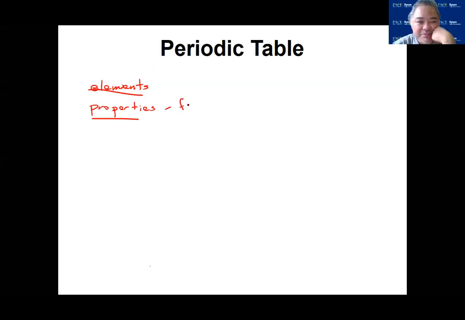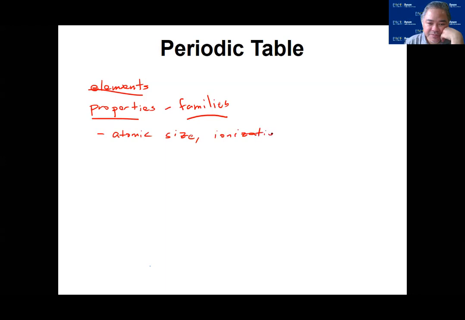And out of these properties, you have the so-called families. Okay. And then some of these properties, you will have atomic size, ionization energy, and out of this, you have the so-called trends in the periodic table.